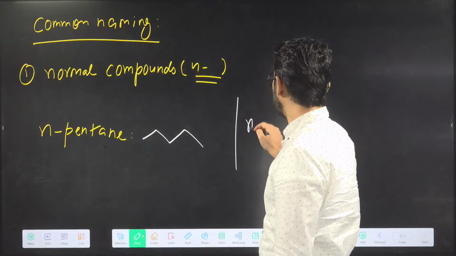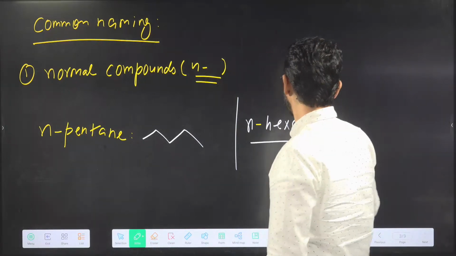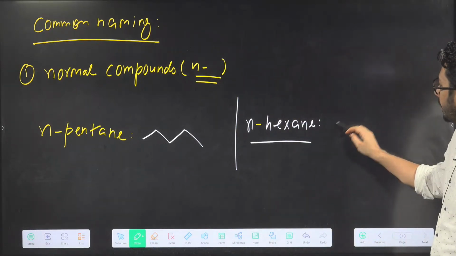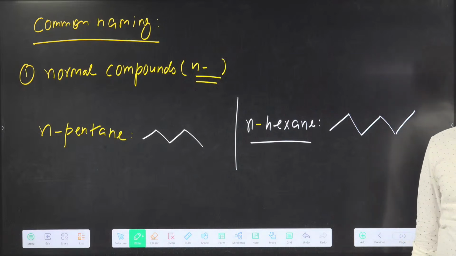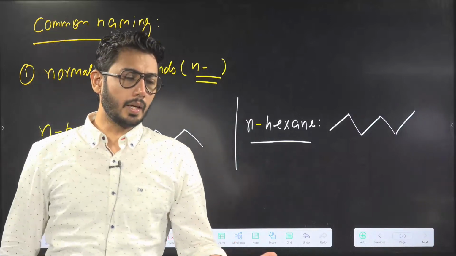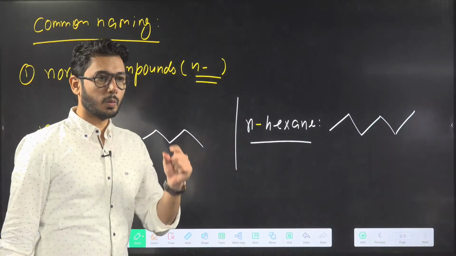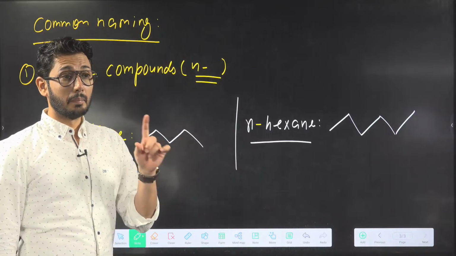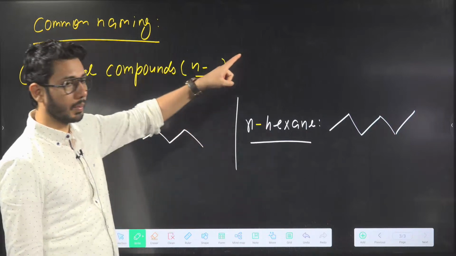If it is N-hexane, common name it is. So you will write N-hexane, linear chain of 6 carbons. Getting it? That is the meaning of N compound, but it is common name. If I say pentane, so pentane is IUPAC name, but N-pentane means common name. N indicates normal, straight chain.